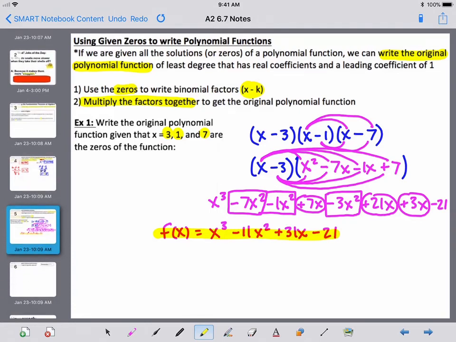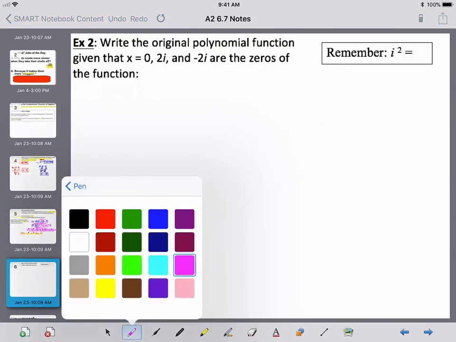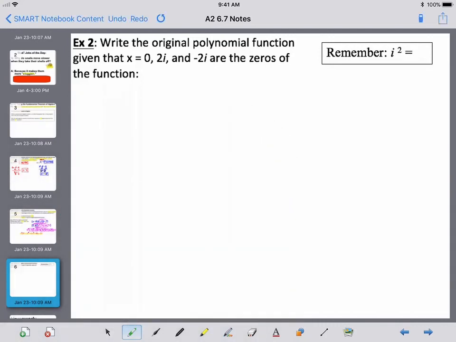Let's try that again. Now, with this last example, we have some imaginary solutions. So we need to remember that anytime you multiply i times i, that gives you i squared, which we always replace with negative 1. That's going to be important in the second example.